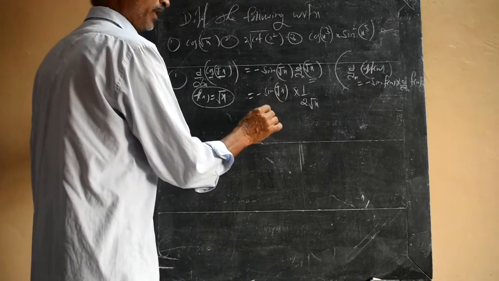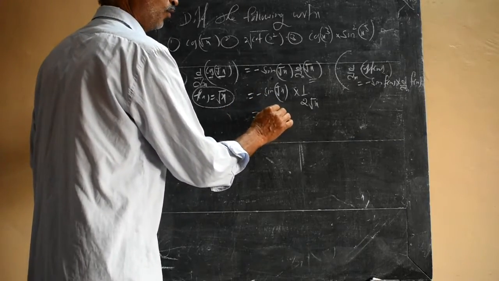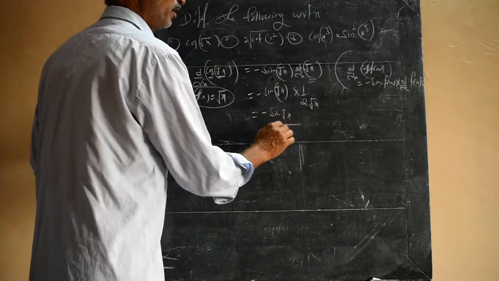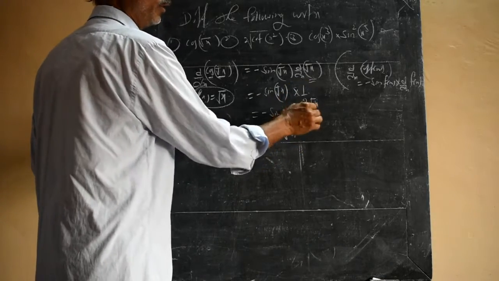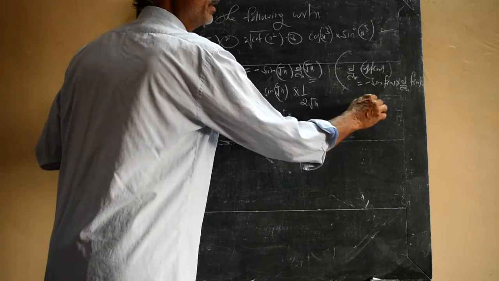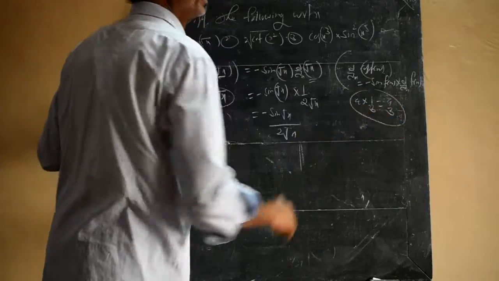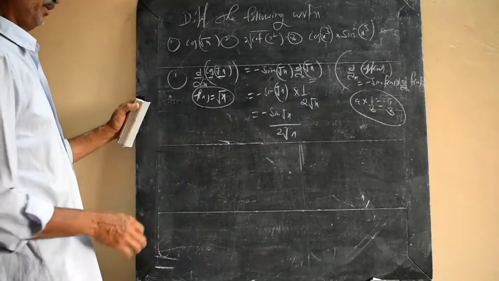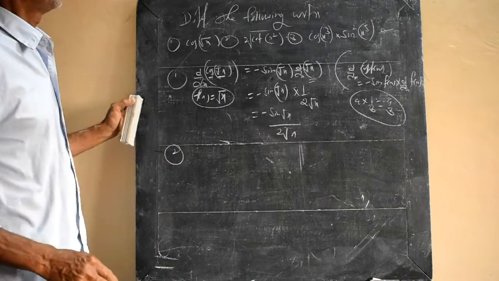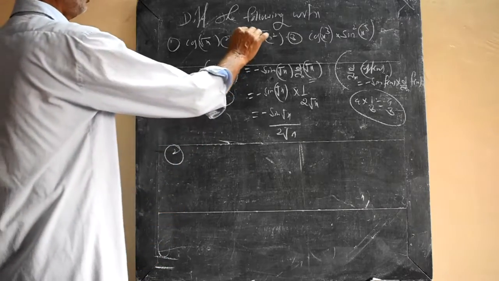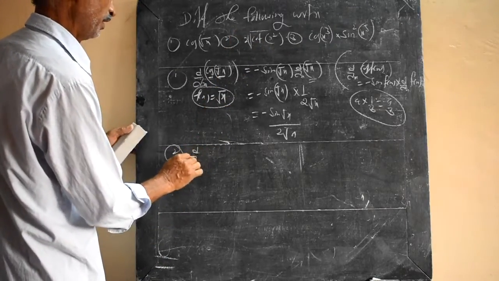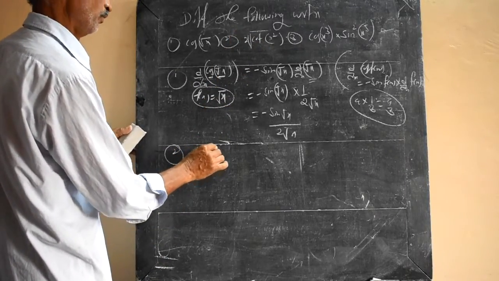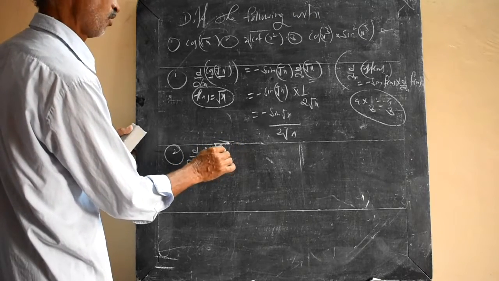Okay, it is minus sin root x upon 2 root x, since a into 1 by b is equal to a by b. So that's one. And the second one is d by dx of 2 into square root of cot x square.